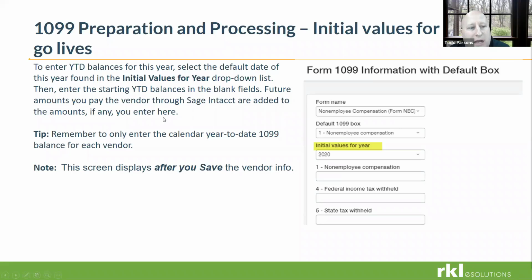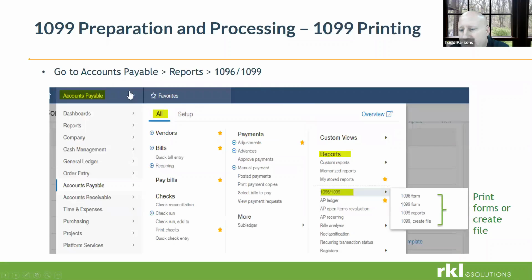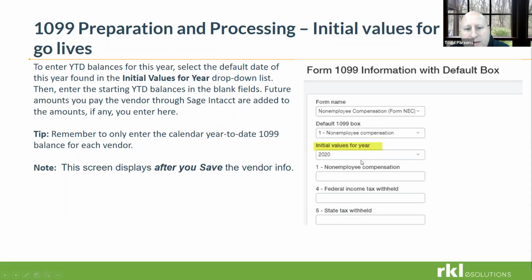Okay, I've read through that a few times. I kind of break it down here. When you click save on the 1099 vendor and you choose the box here, 1099 NEC form, and you choose box 1, any values that you had for 2020 before you came into Intacct, you would put right in here.